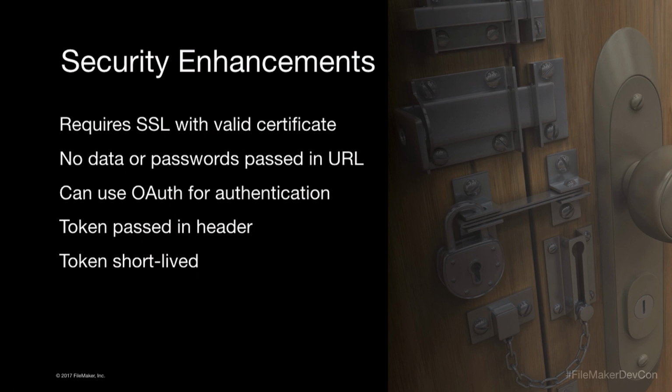They're all sent in headers. Once you've exchanged it, you have a short-lived token, and that goes through all the transactions that you do with REST. So it added a lot of security, and you can also use OAuth for authentication. The advantage to that is that the OAuth providers can manage the password length, encryption, or rotation, things like that. So that's the advantage of using something like OAuth.